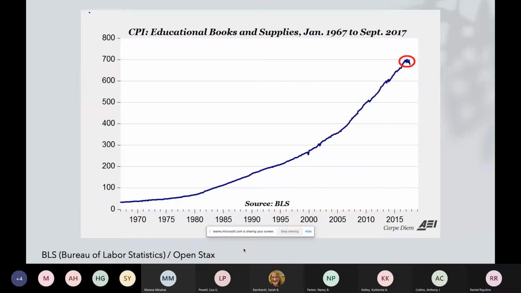So what really pushed open educational resources? Obviously there's been a lot of talk about the price of educational supplies, right? And books and textbooks, and that really being an obstacle to our students. Again, I'm at a 4-year institution.